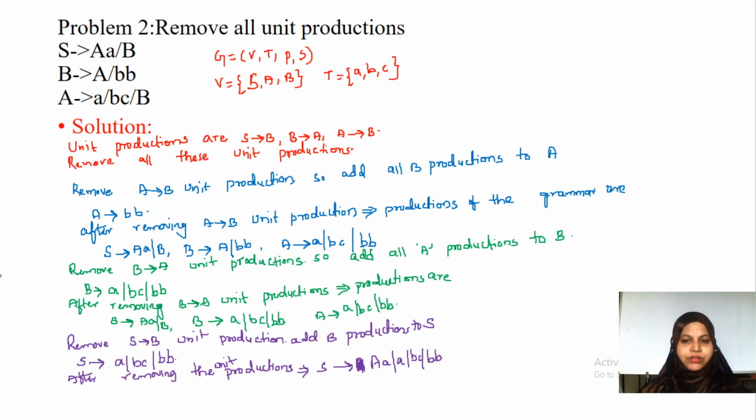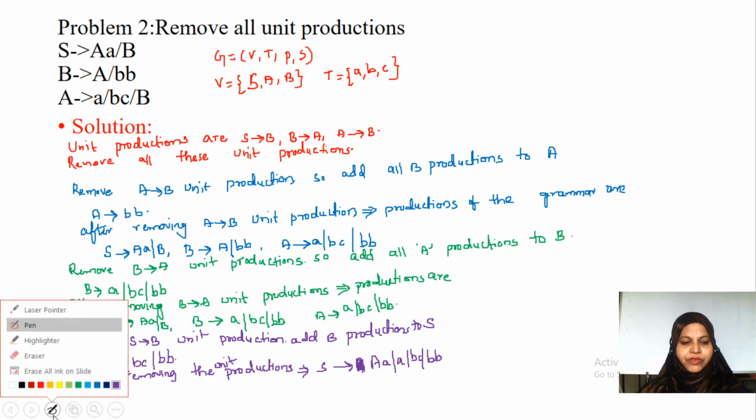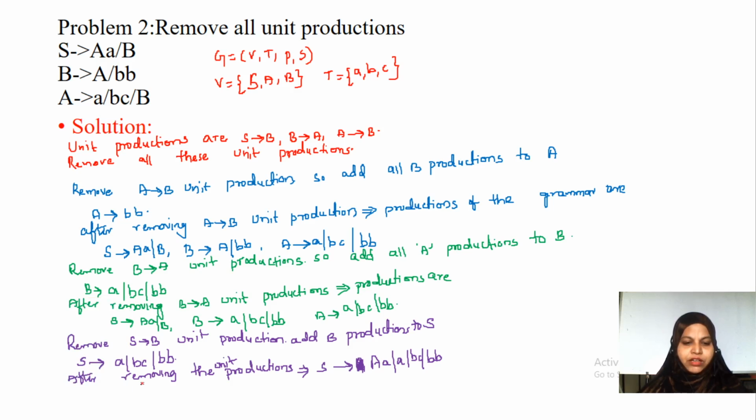Now, what are all the remaining productions? All productions of the grammar are: S tends to A, A, B, C, B, B, right?